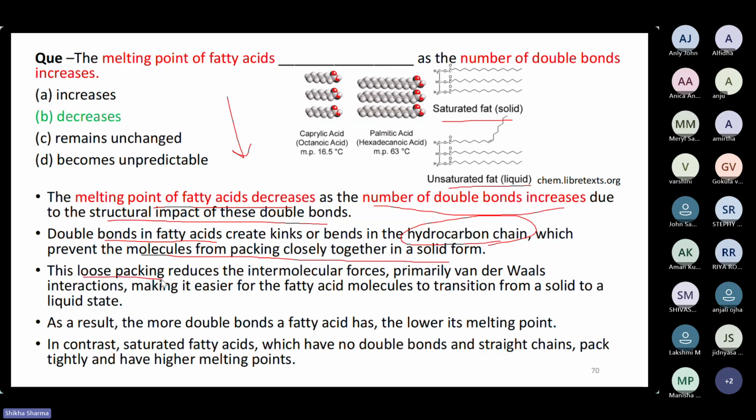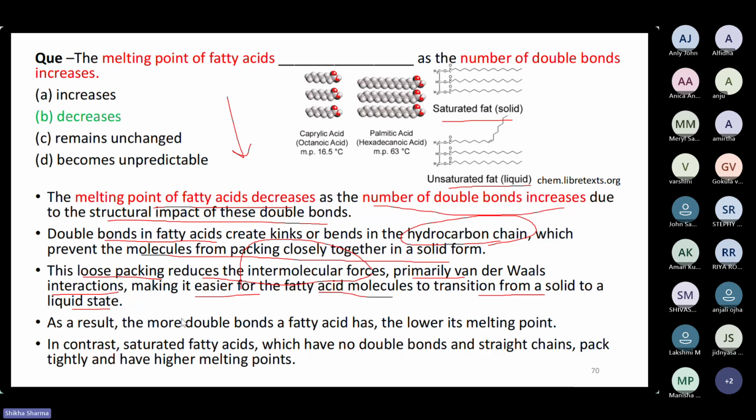This loss in packing efficiency reduces the intermolecular forces, primarily van der Waals interactions, making it easier for the fatty acid molecules to transition from a solid to a liquid state.